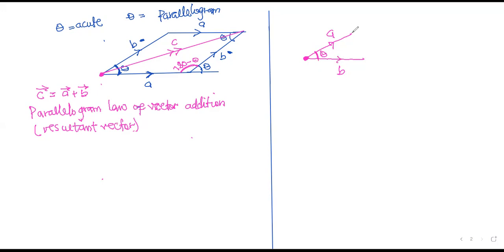So when you resolve it by realigning the vectors, so that it follows a certain order, then the diagonal from that common point, which is O, will represent the resultant. So A plus B is equal to the resultant.